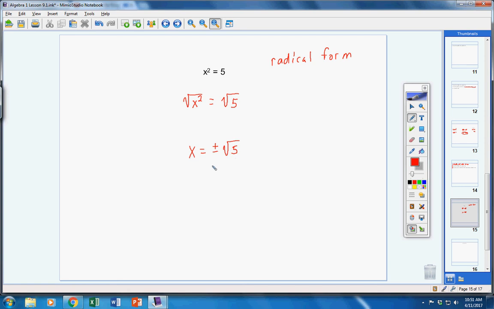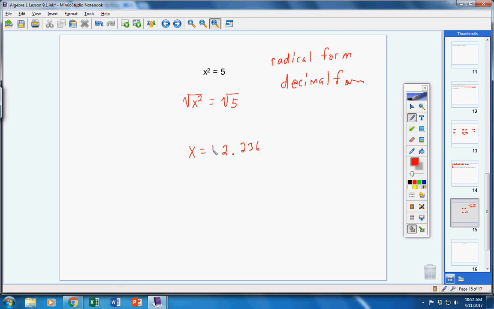So there's your two answers. Positive square root of 5, negative square root of 5. Got it? Piece of cake, no problem. What if the directions said to write your answer in decimal form? Okay, still no problem. You simply take your calculator and you type into your calculator the square root of 5, which I'm doing right now, and we should get 2.236 and so on and so forth.